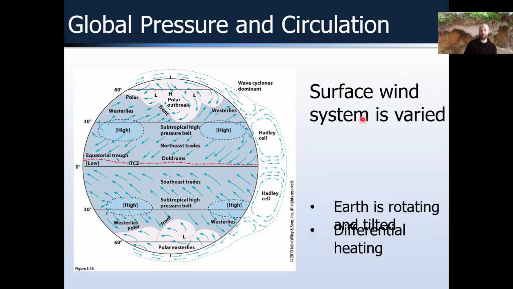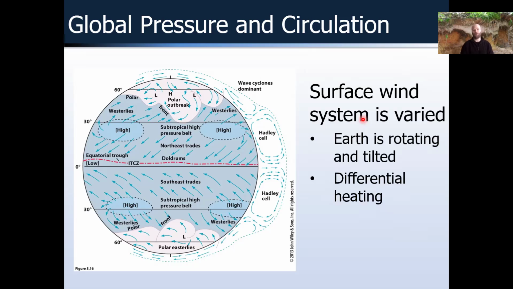And so let's reveal some of this surface wind. We're really going to start our investigation here with what is known as the Hadley cell, and then think about how the Hadley cell is affecting wind speed and wind direction near the surface.